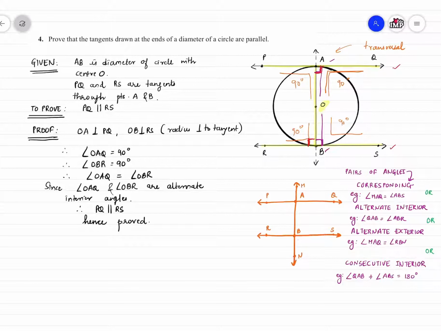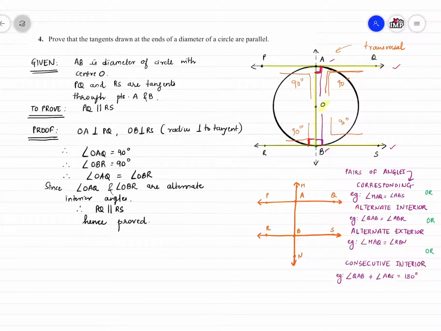Alright, so at this point we are done with the proof. However, I just wanted to point out the other ways in which you could have shown that PQ is parallel to RS. We have studied various properties related to parallel lines in the previous class. In this case, I found a pair of alternate interior angles, proved that their measures are equal, and therefore concluded that PQ is parallel to RS.